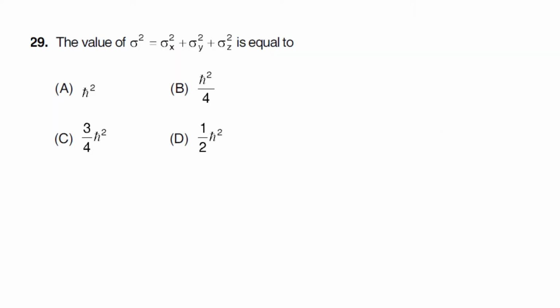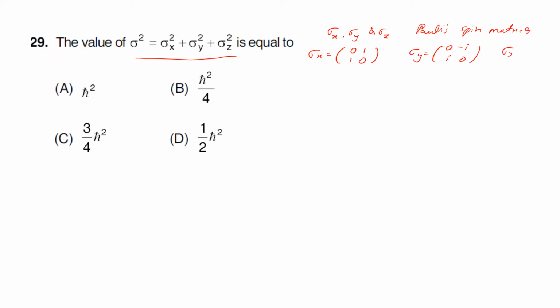The value of sigma square is equal to sigma x square plus sigma y square plus sigma z square, where sigma x, sigma y and sigma z are Pauli spin matrices, given by sigma x is equal to 0 1 1 0, sigma y is equal to 0 minus i i 0, and sigma z is equal to 1 0 0 minus 1.